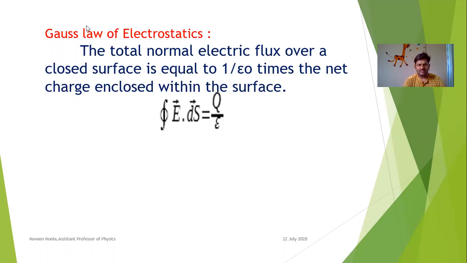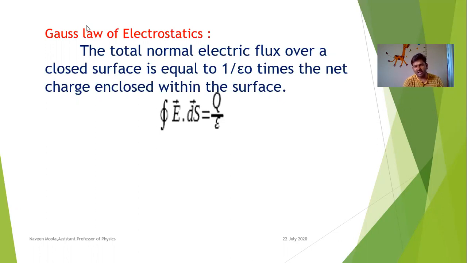We already learned about the importance of Gauss law. It is very useful in calculating electric field intensity as well as electric potential when there is continuous charge distribution.